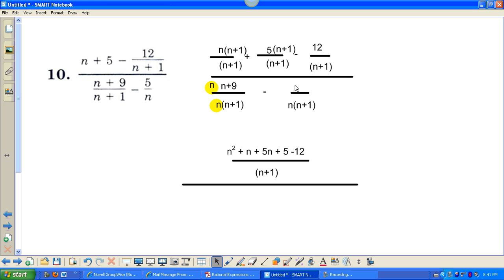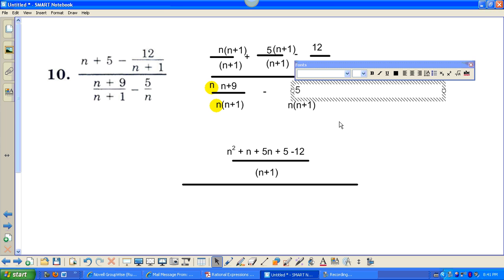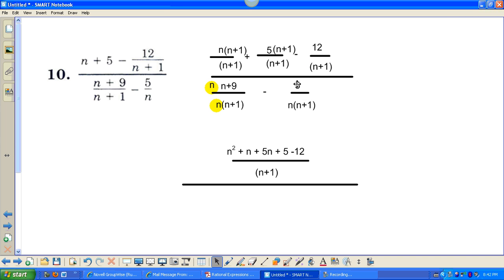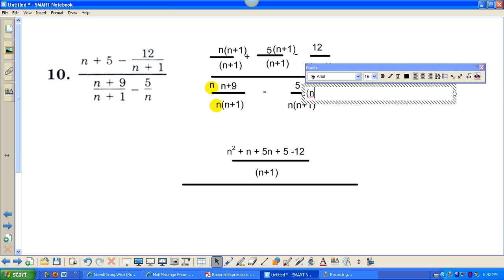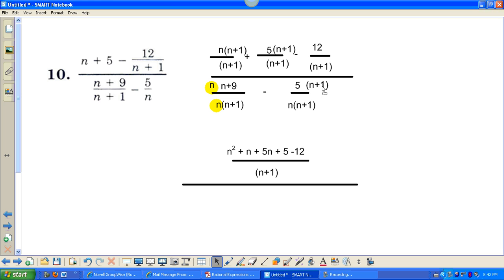And then over here, we had a 5 originally, but it did not have an n plus 1 on the bottom. So I need to multiply that by n plus 1, so that again I am multiplying by the number 1.